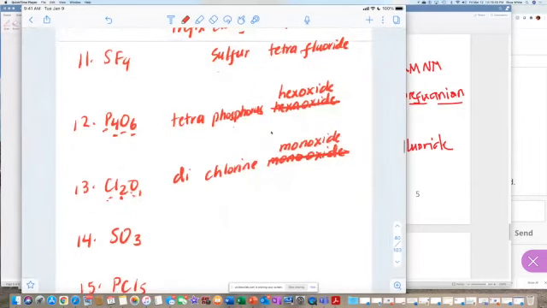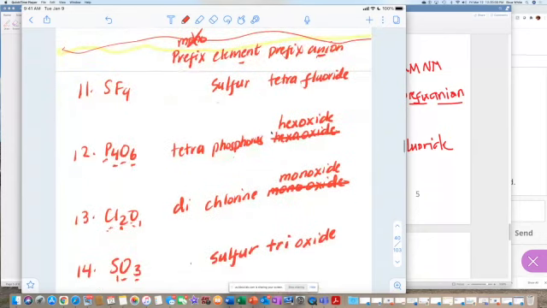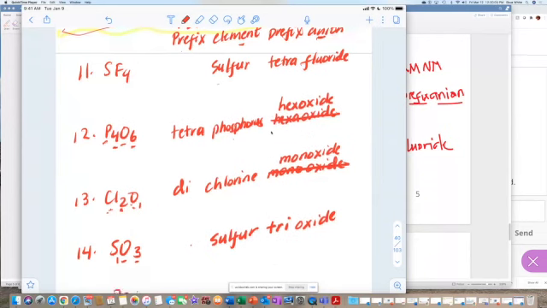And then here, 14, sulfur. Skip the mono part because no mono. Sulfur, 3 is tri, oxygen, oxide because it has to be named as an anion. You see how I have the format there as an anchor to remind me of what the format is?